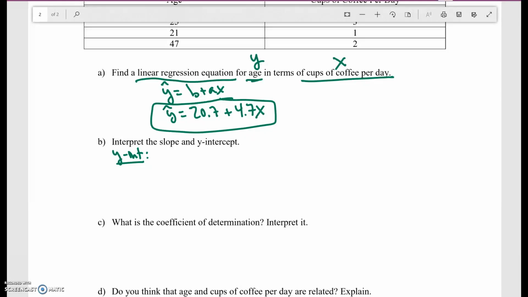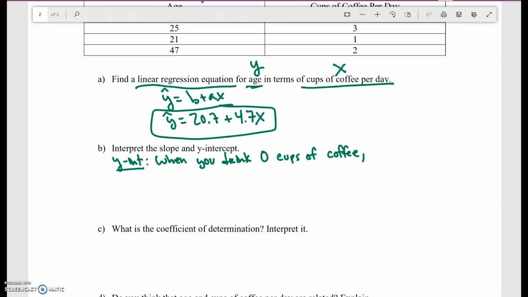Here x is cups of coffee, so when you drink 0 cups of coffee, your predicted age will be 20.7.